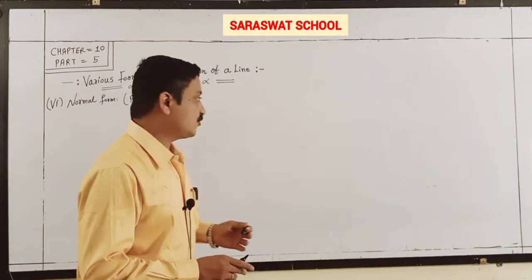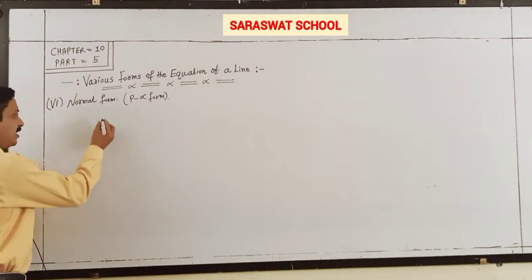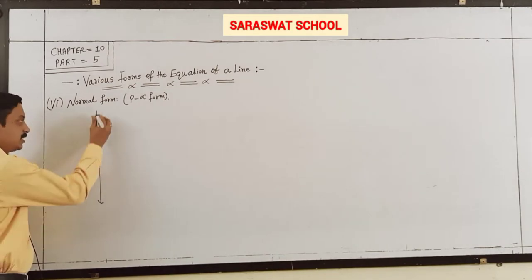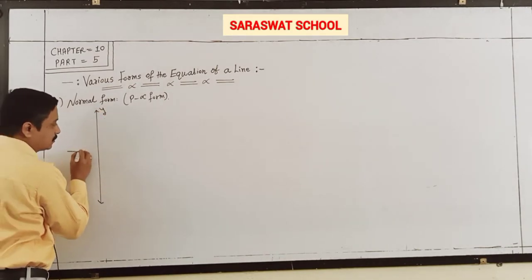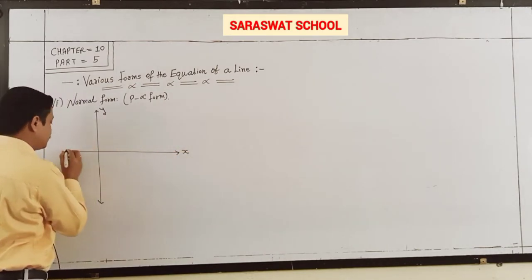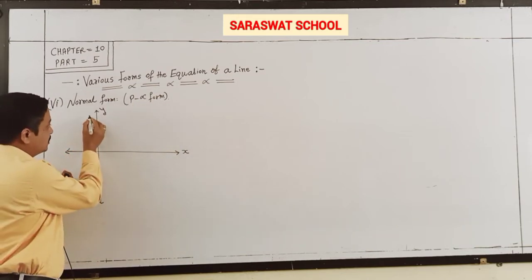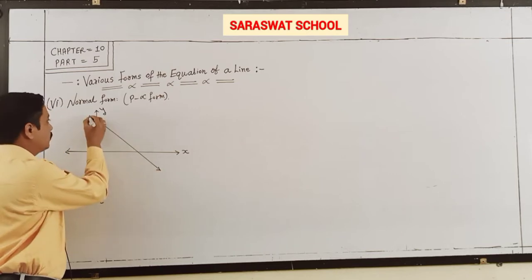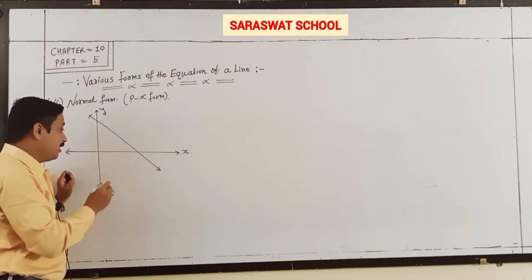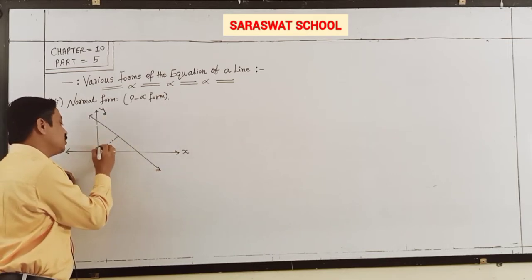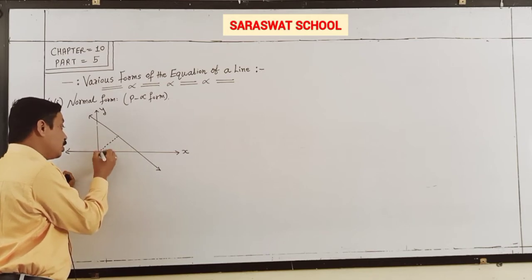So students, in this form, normal form is very simple. Consider the y-axis and here the x-axis. I will explain what is p and what is alpha. Consider this is one of the lines, and the distance from the origin is called your p.